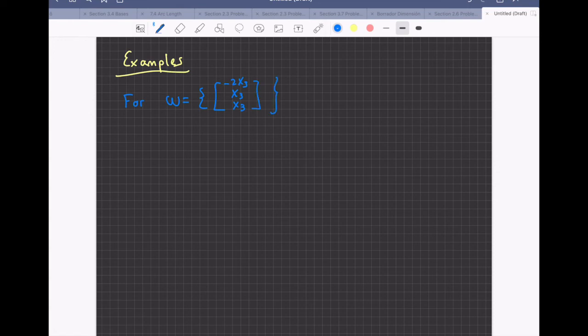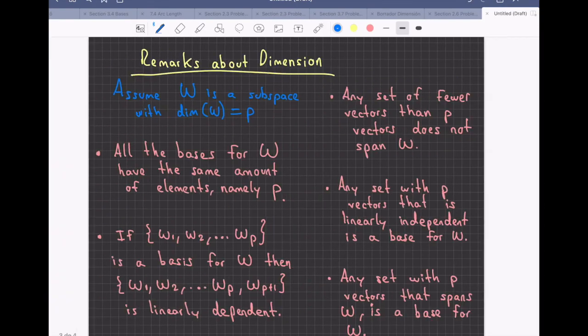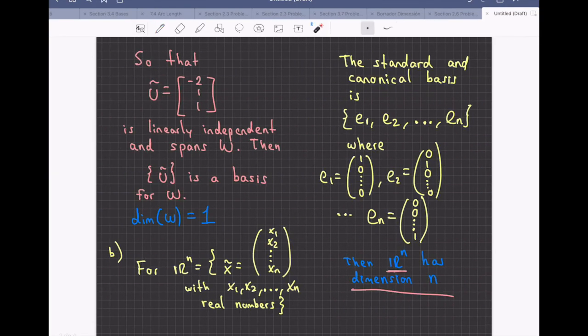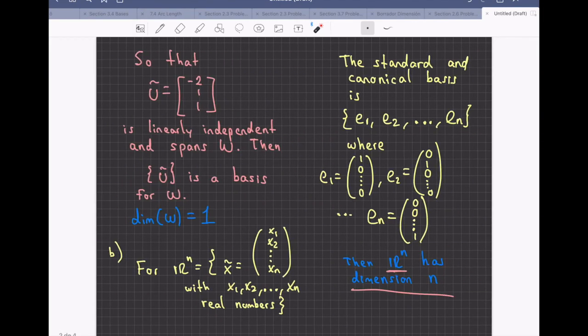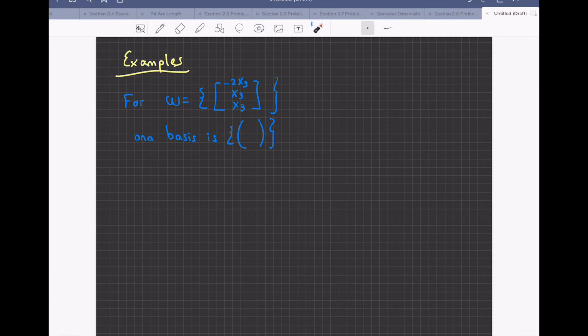For this subspace, remember one basis was given by the vector (negative 2, 1, 1).